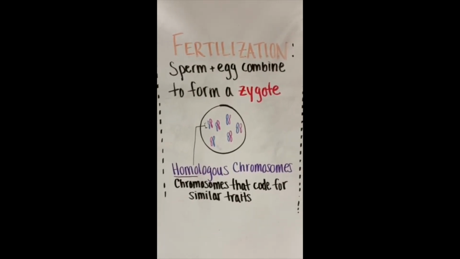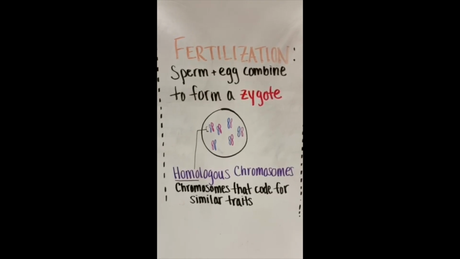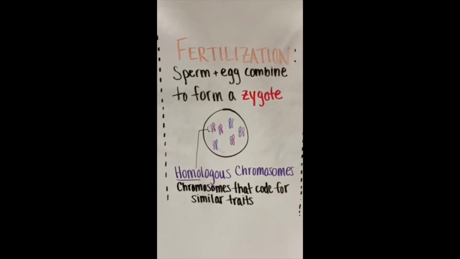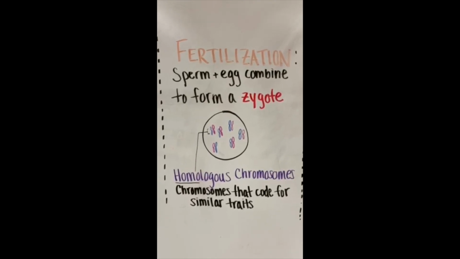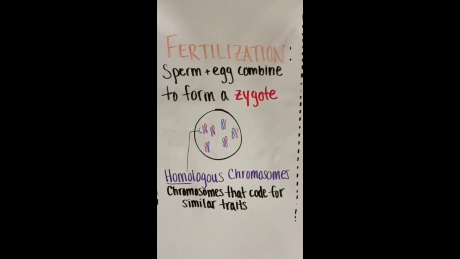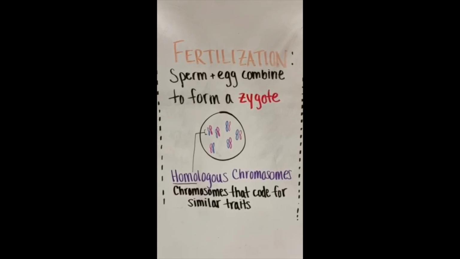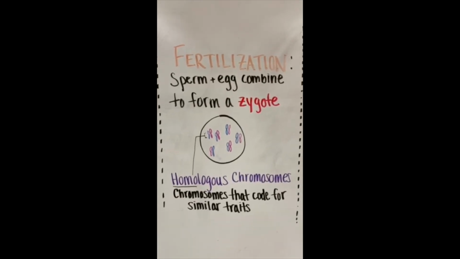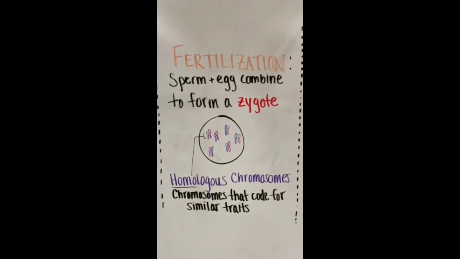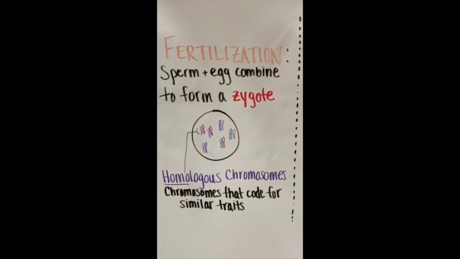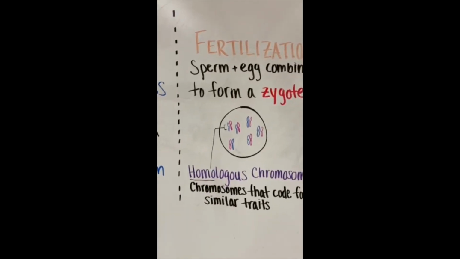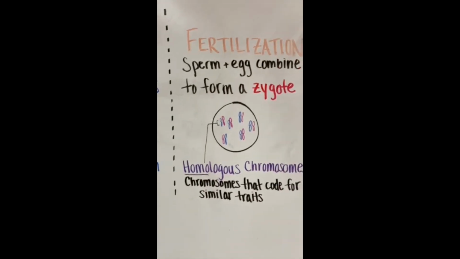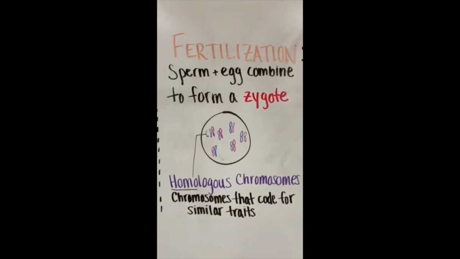It's a brand new cell that contains the chromosomes that were present in both the egg cell and the sperm cell. Those chromosomes are going to buddy up with the chromosome from the opposite sex that codes for similar traits. Those are called homologous chromosomes. Homo means same, and we're going to have that pop up a lot.